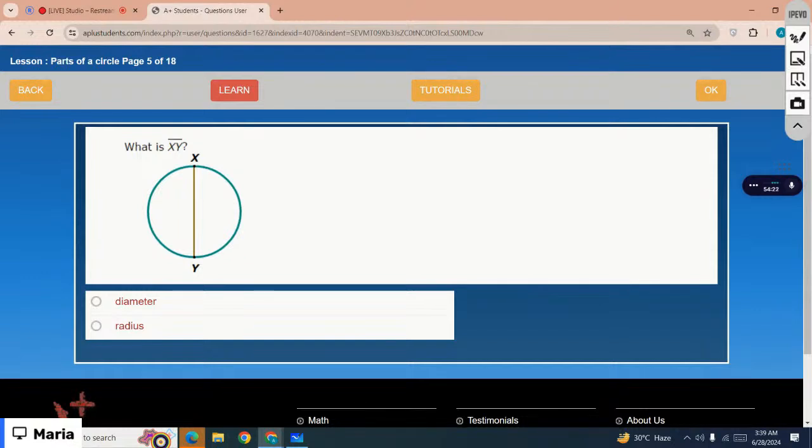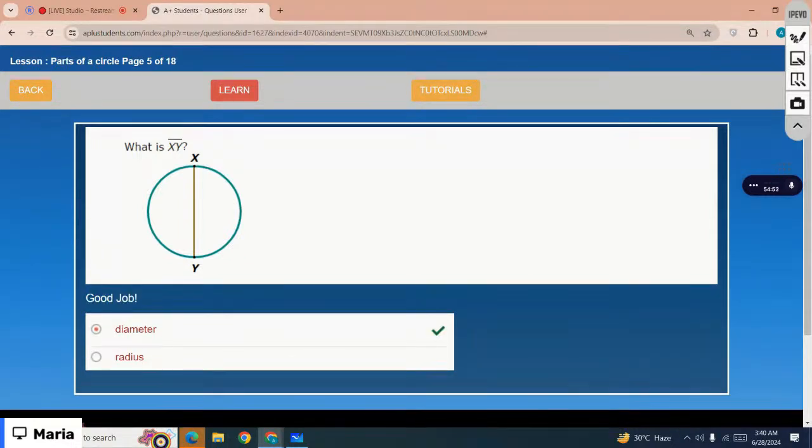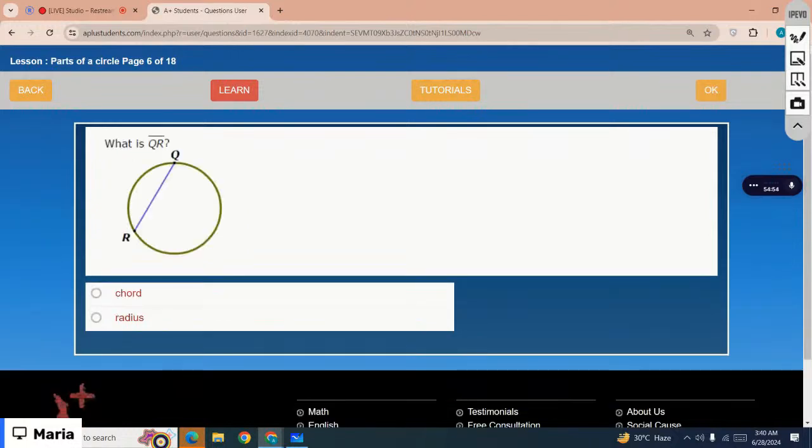What is XY? XY is the diameter. The correct option is diameter. What is QR?